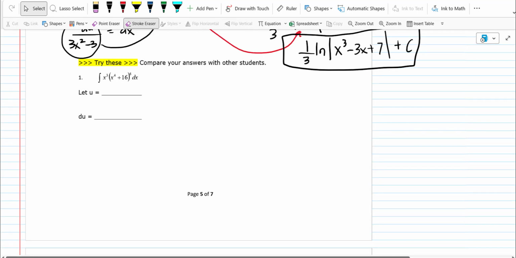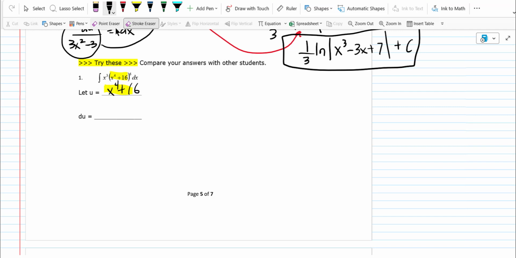The substitution step is what you're having the most trouble with. So again, with this one, you're going to let u be x to the fourth plus 16. du is just the derivative, so that's 4x to the third times dx.